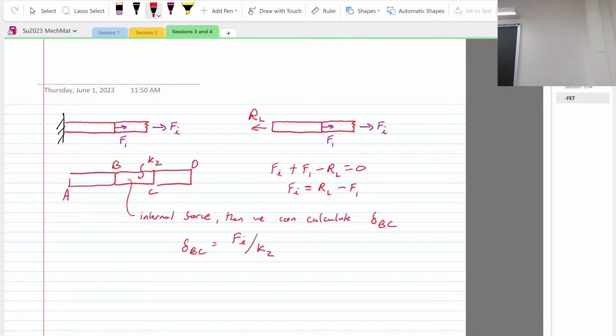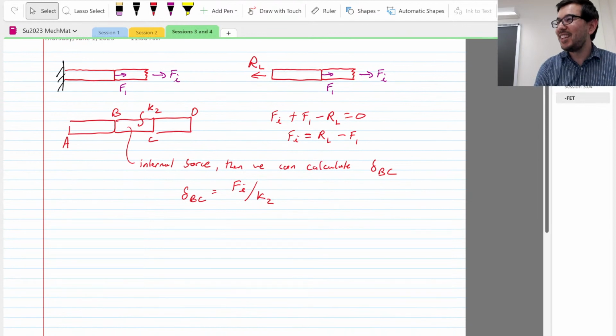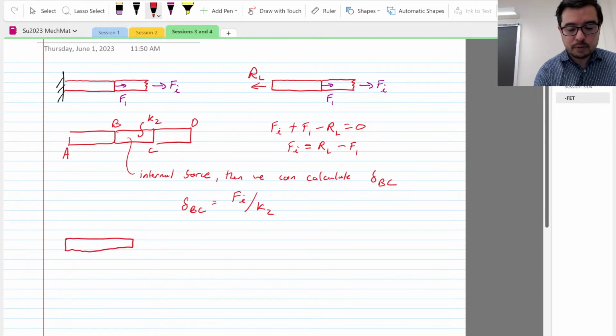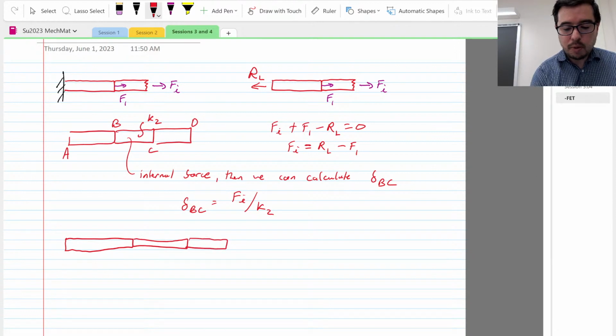Yes. So is RL equal to F3? No. We have to do external equilibrium. Yeah, I didn't quite do everything here, but I often do. That's not a problem. To figure out RL, we have to do F1, F2, F3, and we have RL.